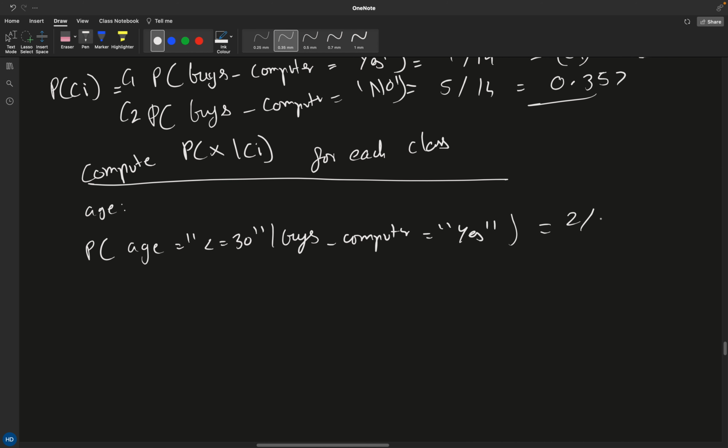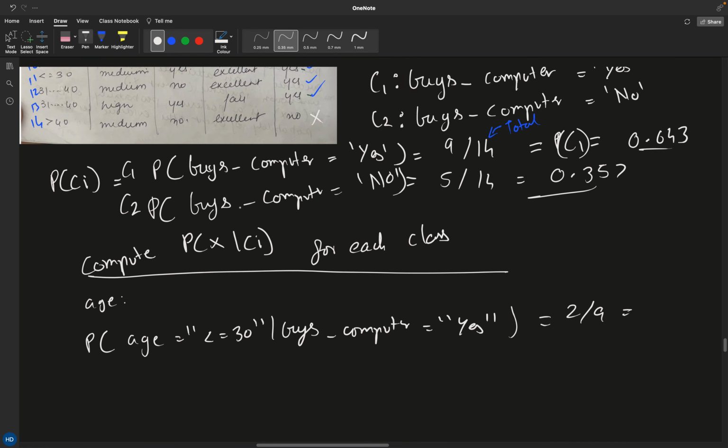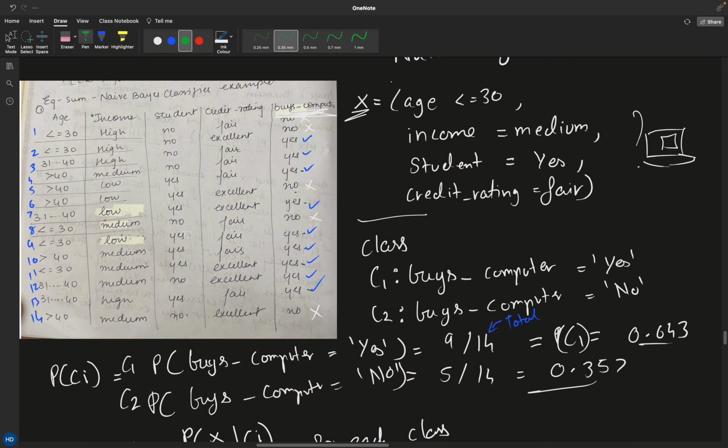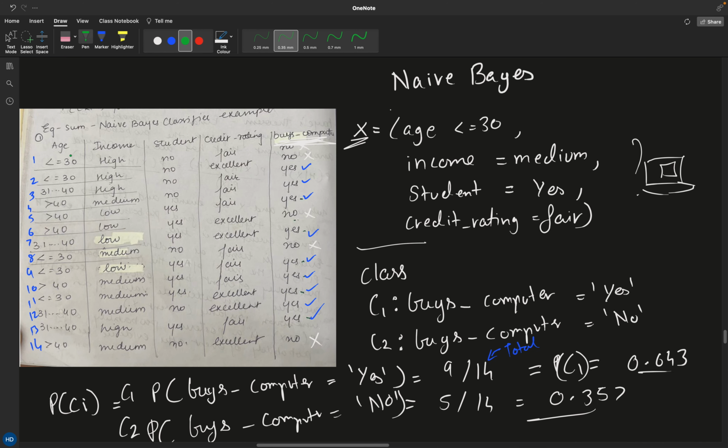What will that be? 2 divided by 9. Why did 2 come? Let's figure it out properly. Less than or equal to 30: we have 1, 2, 3, 4 and 5 which are less than or equal to 30.